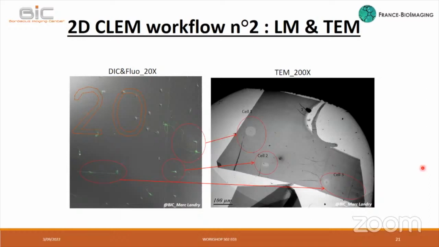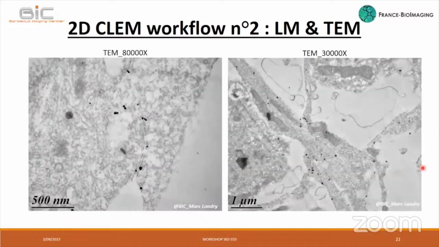At high magnification, of course, the immunolabeling helps us to determine the cells of interest and gives us the ultrastructural context. We can see the protein of interest.